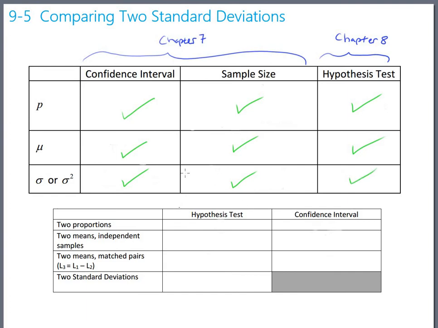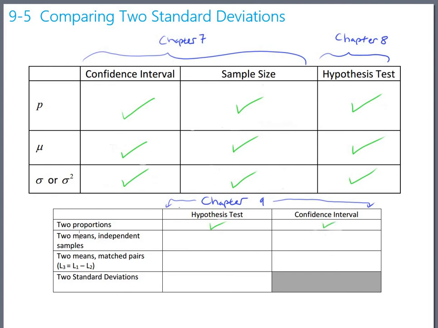And then we moved on to chapter 9. And chapter 9, so all of this stuff here is chapter 9. And in chapter 9, we just basically did the same ideas, but we said let's compare 2 groups. So we looked at comparing 2 proportions and doing a hypothesis test and also a confidence interval.